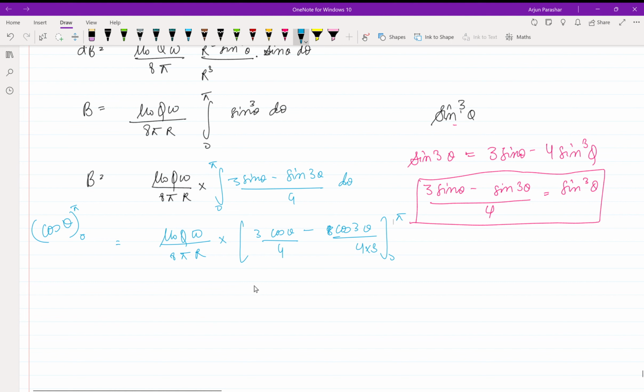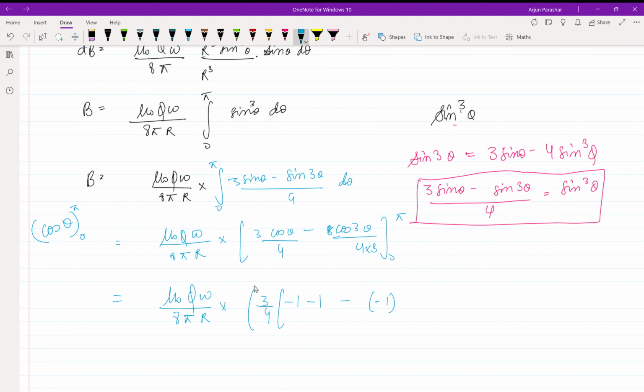So on further simplification, we get mu naught q upon 8 pi r into, what is cos pi? It is minus 1, and cos 0 is 1, that's why minus 1 minus. Cos 3 pi is minus 1.